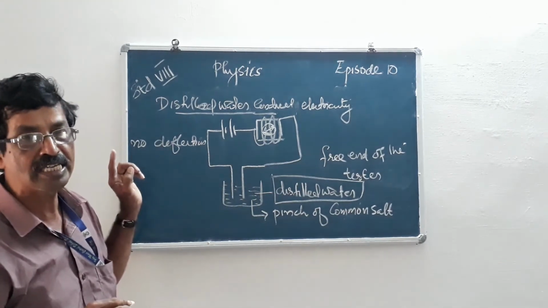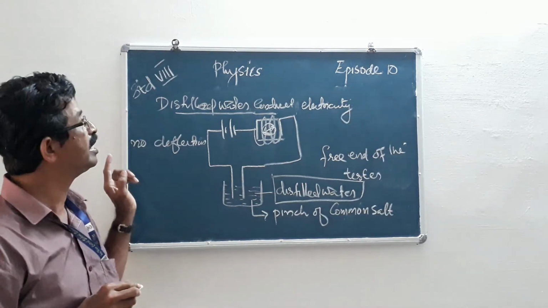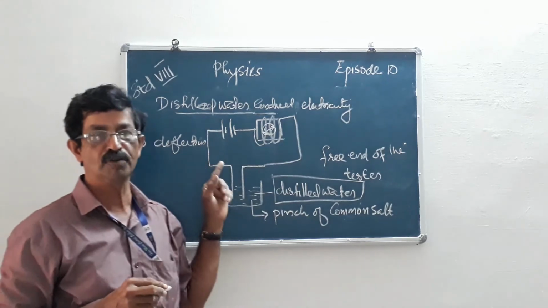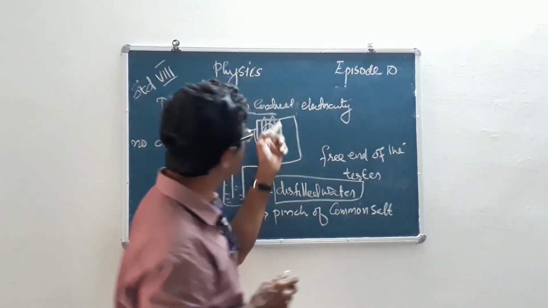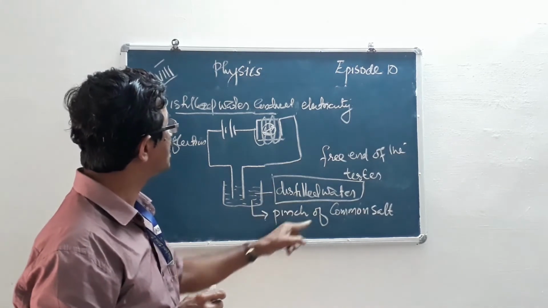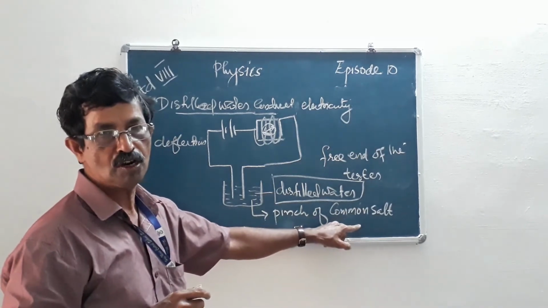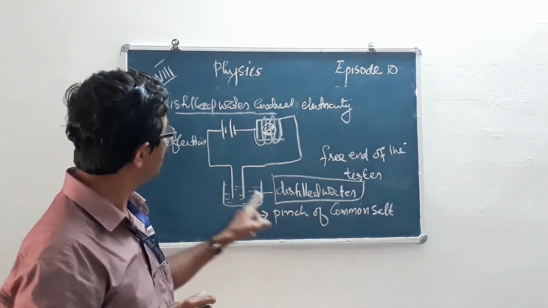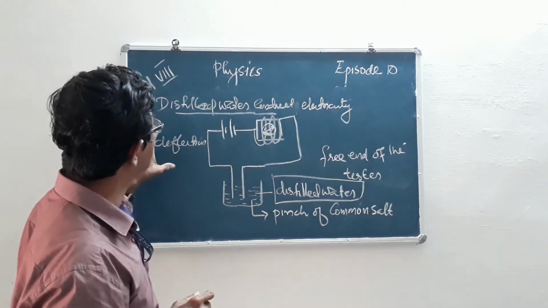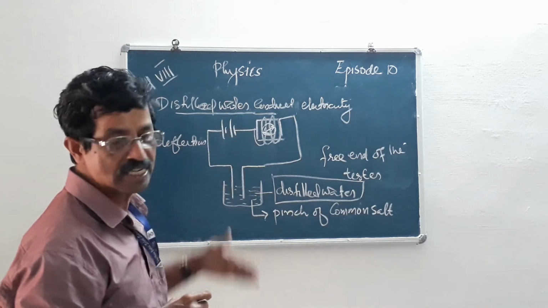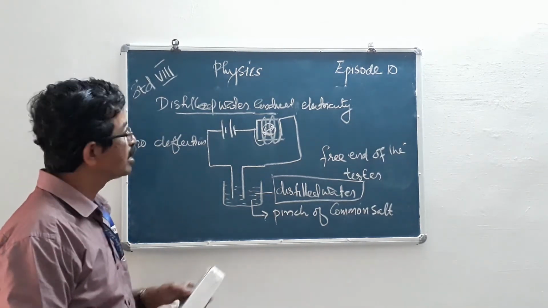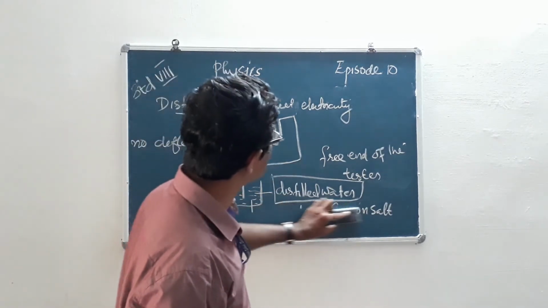How can we find this? By the deflection of the magnetic compass. One thing we understand: when we add common salt, distilled water becomes a conductor.